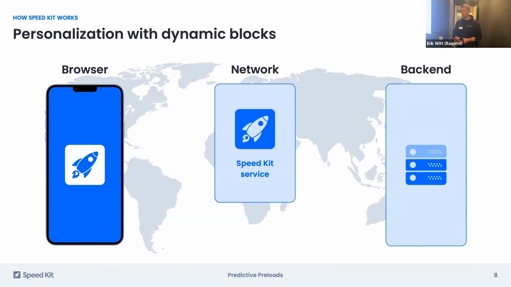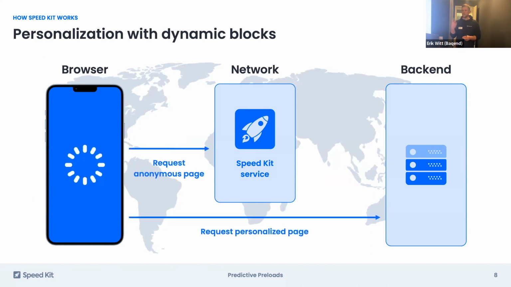So with personalization, how do we actually do that? Imagine we are navigating onto a shop page, let's say a product page, for example. The first thing that the browser needs to do is the HTML request to the server. And with SpeedKit, this changes a little bit. With SpeedKit, we will actually do 2 requests in parallel, not one HTML request, but 2. One request will go to our infrastructure.